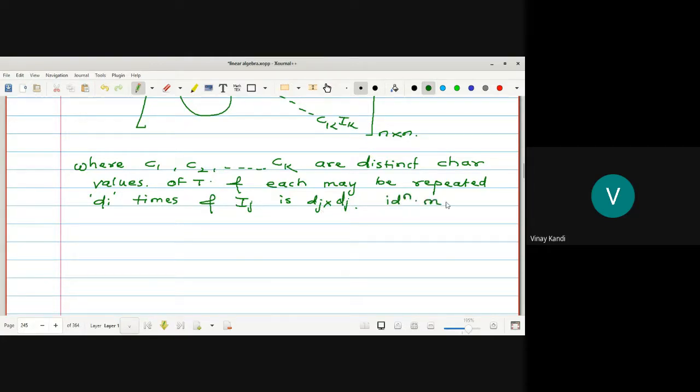Now again, we know what the characteristic polynomial is.